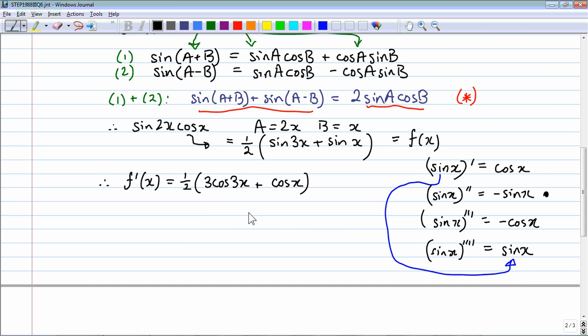Now, from that knowledge, we can see that we've got almost exactly the same situation here. So in the case of differentiating this function f of x, we have two terms, sine x, which will obey exactly this process, but then we have sine 3x, which is not quite the same, but it effectively is the same, because the only difference with sine 3x is in each of these terms.